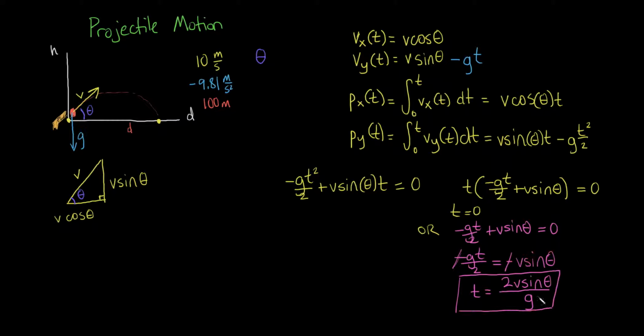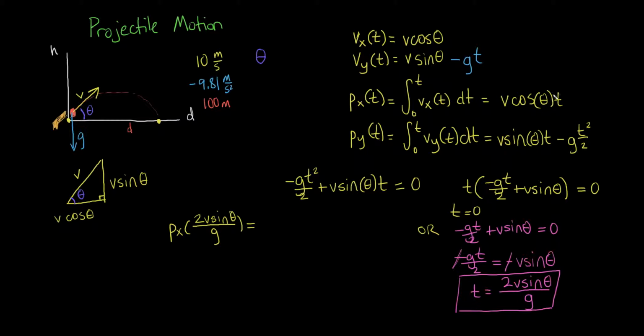But of course, we remember this is just the time. We're looking for what the x-coordinate, the distance, is going to be at this time. To get that, we're going to need to plug this into our p of x of t. So the x position at t, where t equals 2v sine of theta divided by g, is going to be the x position when we crash into the ground the second time.